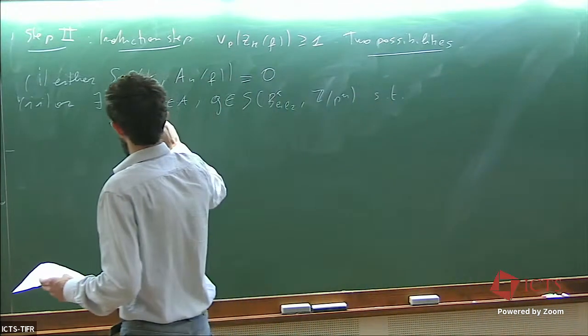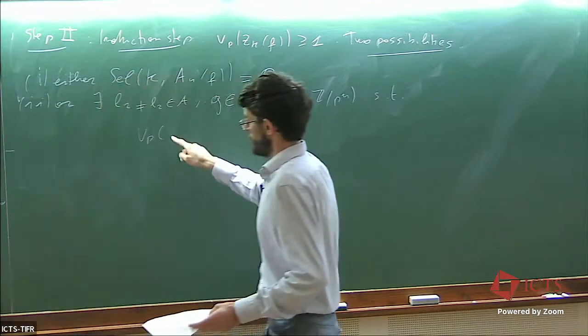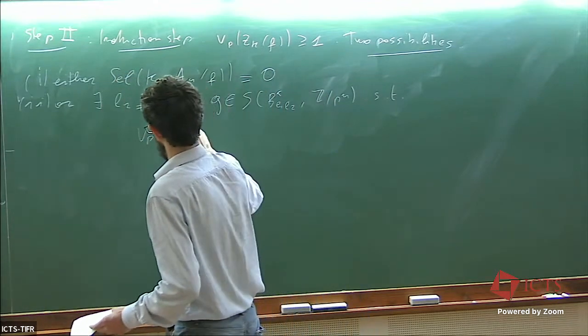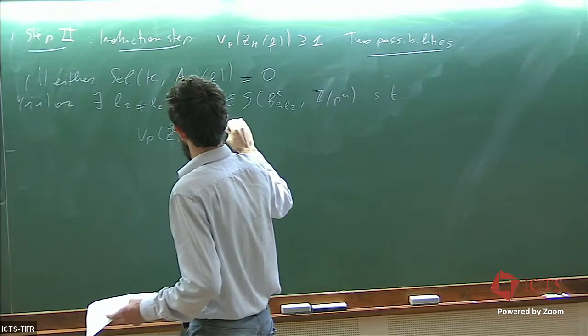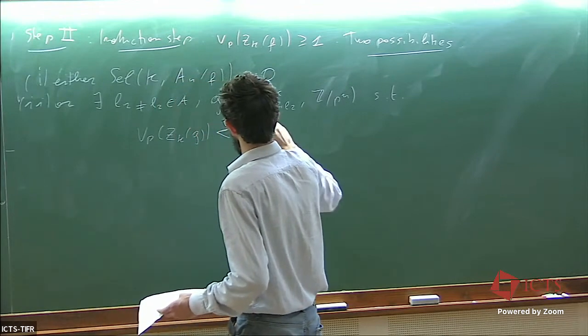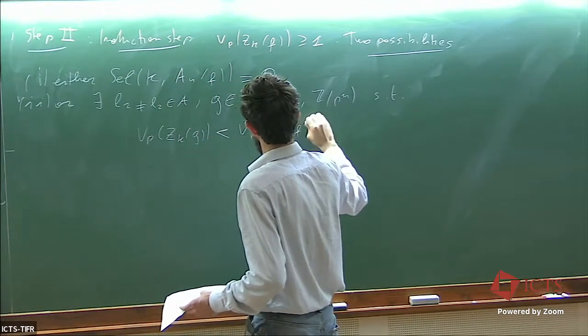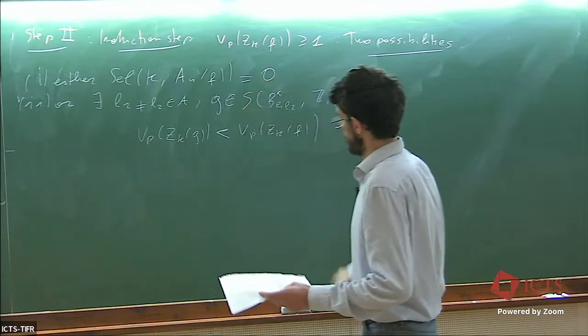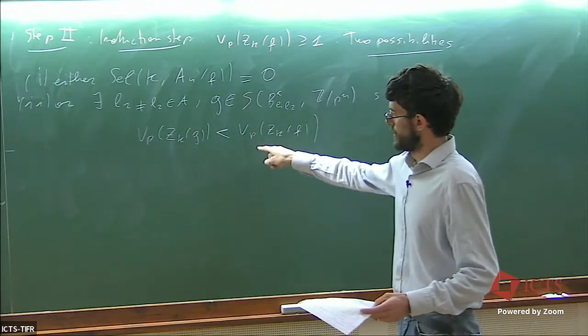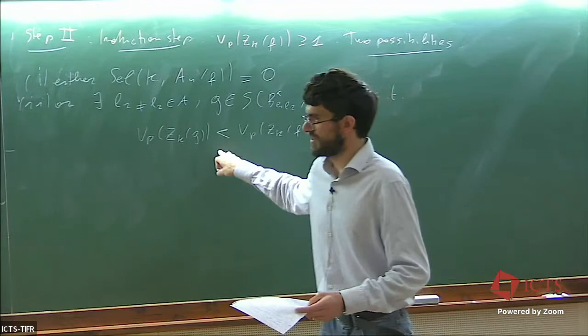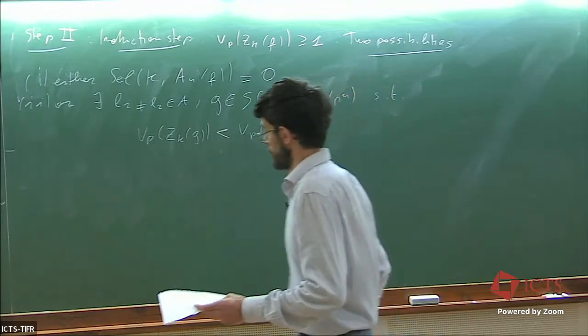So first of all, the p-adic valuation of this zeta element decreases. It's strictly smaller than the previous p-adic valuation. Yes. So that's the first thing. And the second thing you can prove is that the difference exactly matches the difference in length of Selmer groups.